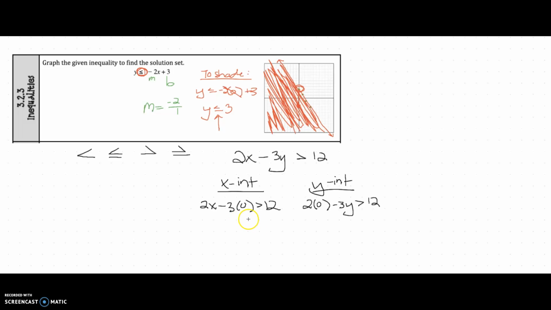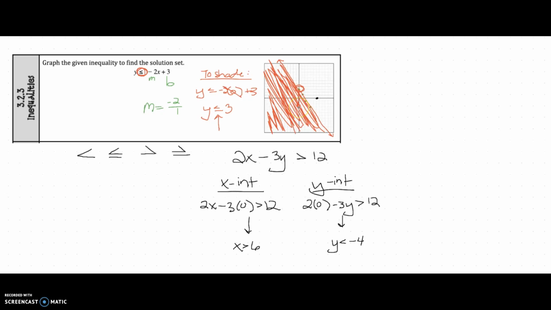Then once we actually solve these, so let's say I solve this whole one and I get x is greater than 6. I put that on the x-axis at 6. Then let's say I solve this one and I get y is less than -4. In this solving process, you would have had to divide by a negative, so you would flip your sign.